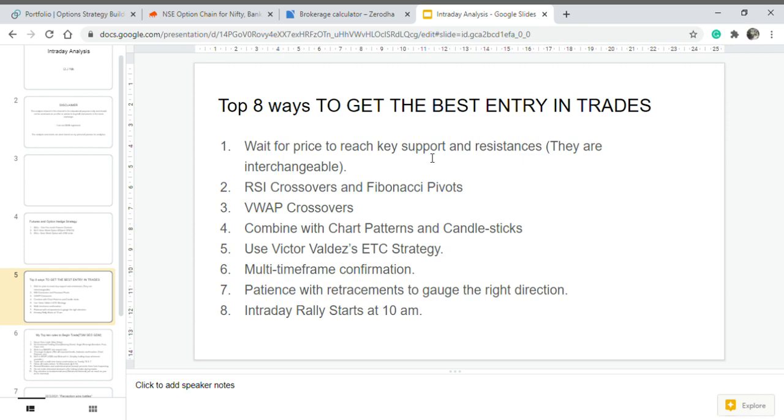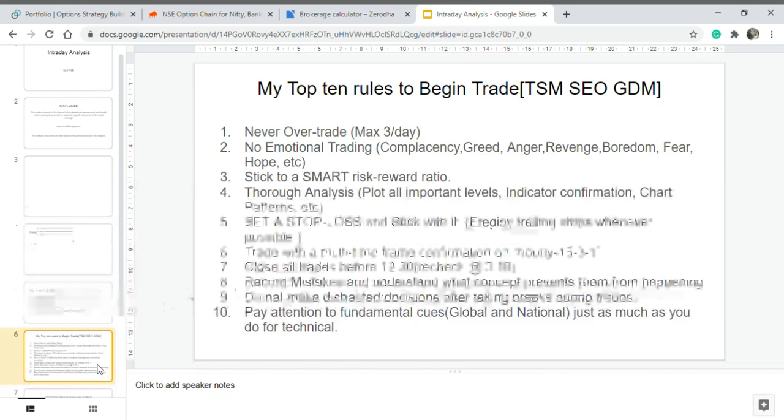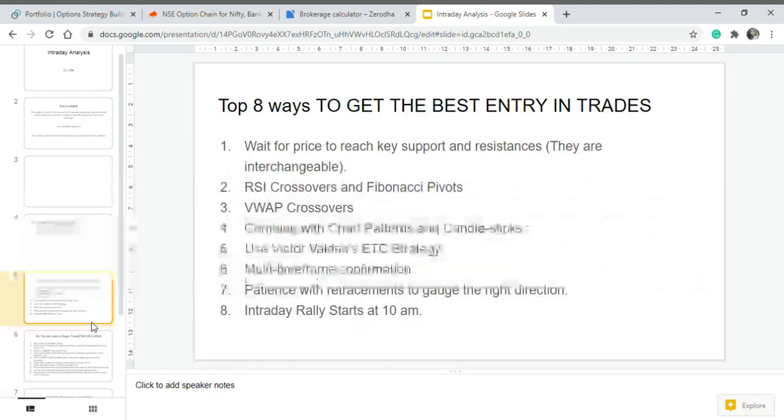What we're going to be discussing today regarding the intraday analysis is the best ways to get an entry into the trade. If you're trading options, futures, or stocks, the most important part of the stock trade is the entry.